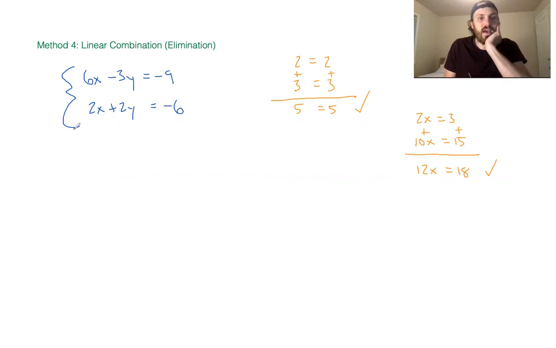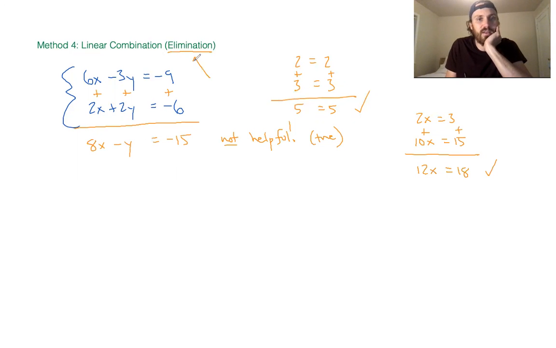Now, if we added these together right now, plus, plus, plus, we would get a true equation. We would get 8x minus y is equal to -15. But this is not helpful. It's true, but it's not helpful because what we want to do is eliminate a variable.